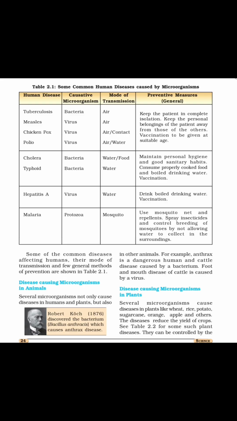Quickly go through some of this, highlighting key points. First one, TB, caused by bacteria spread through air. Prevention involves keeping the patients isolated and vaccination. And measles and chickenpox, both caused by viruses spread through air contact, isolation and vaccination are key.